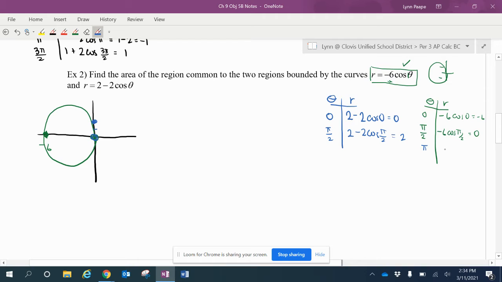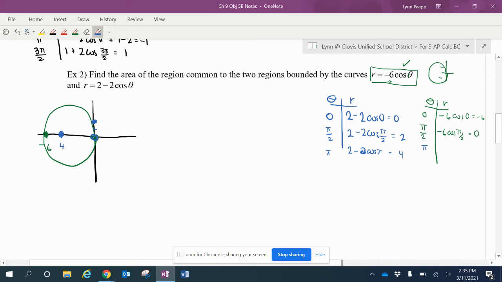And then at pi, I would get 2 minus 2 times the cosine of pi. Cosine of pi is -1, so that would be 2 plus 2, so that would be 4. So at pi, I would go out to 4, so we'll say right around here is 4.